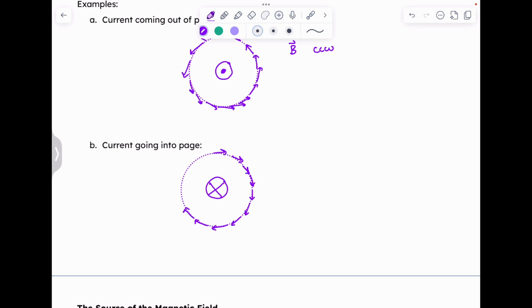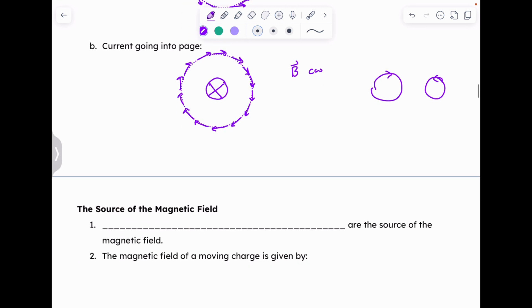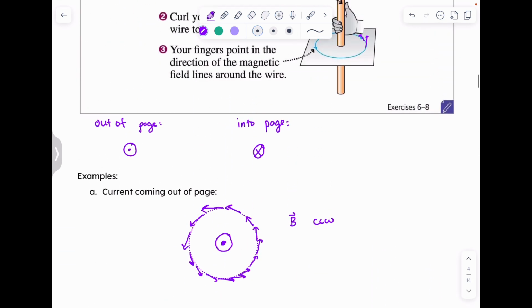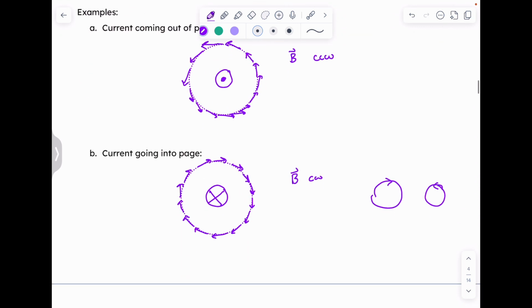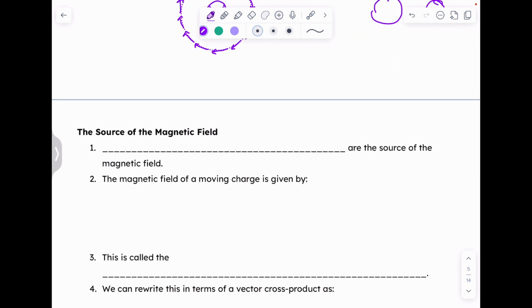Most of the time when you're drawing this, you would just draw a circle around the wire with an arrow pointing in the direction. But I just want to show you that what's actually happening is you have that vector tangent to the circle at each point. So you can tell that if I have a current carrying wire producing a magnetic field, what that means is moving electric charge is the source of magnetic fields.